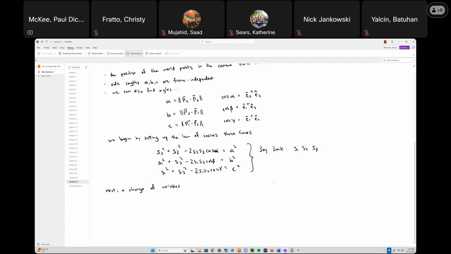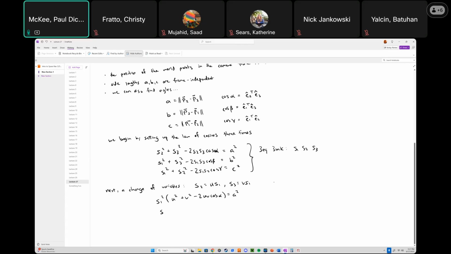Okay. So we have S2 is going to be U S1, and S3 is going to be V S1, where all we're doing is just scaling. U could be greater than or less than 1. It could be scaling up or scaling down. Same with V, right? So these same three equations now become S1 squared, and then in parentheses, U squared plus V squared minus 2UV cosine of alpha is equal to A squared.